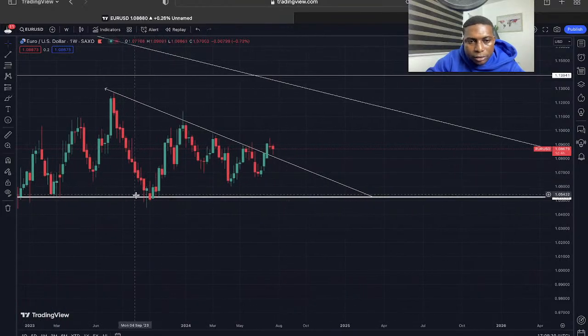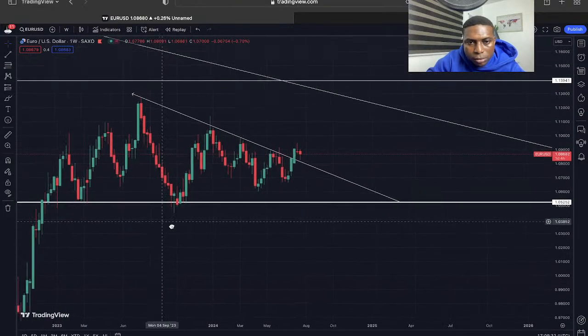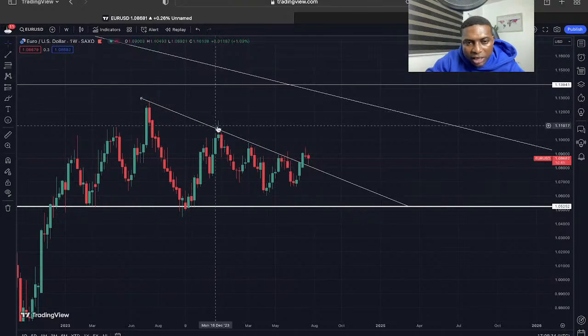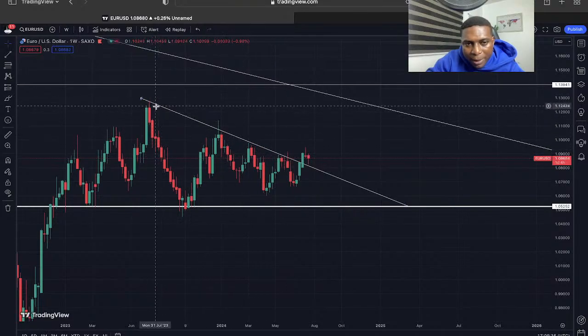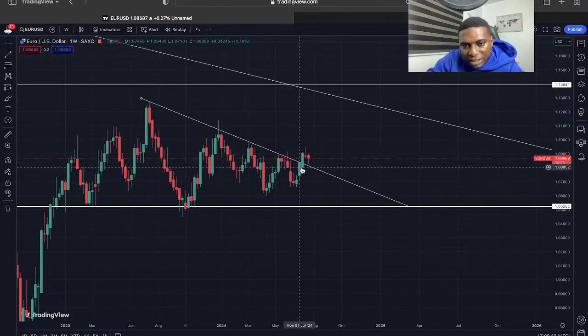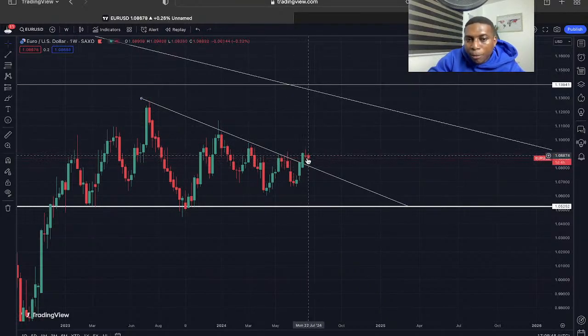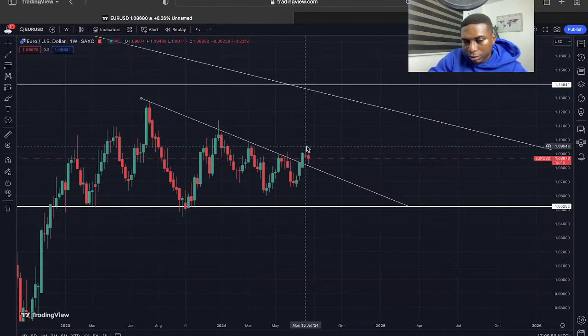Here we've mapped out this level as the higher low, and now you see the breakout of this higher low. What is this telling us? Breaking out of the higher low is telling us that the market is changing direction.